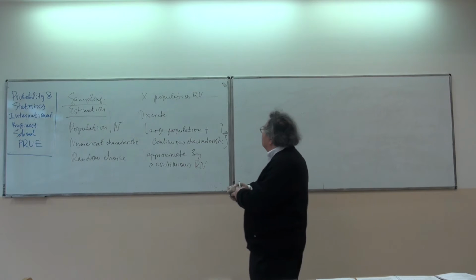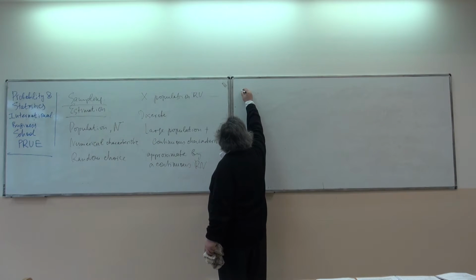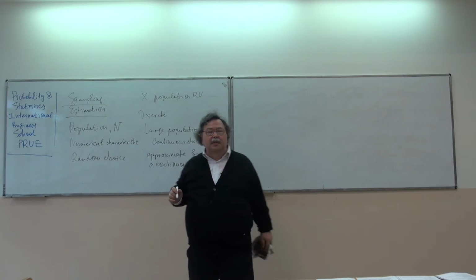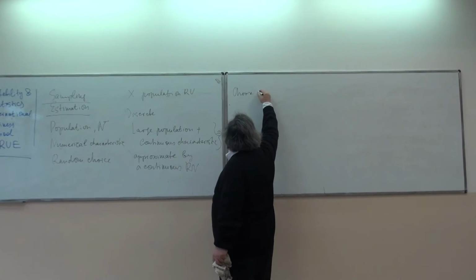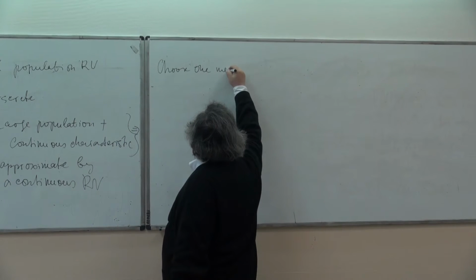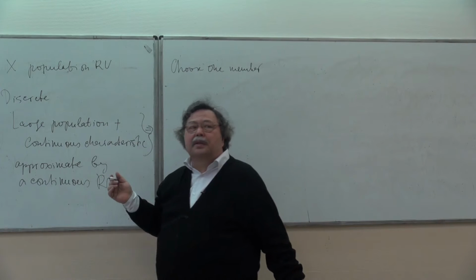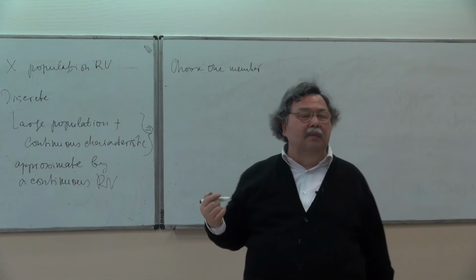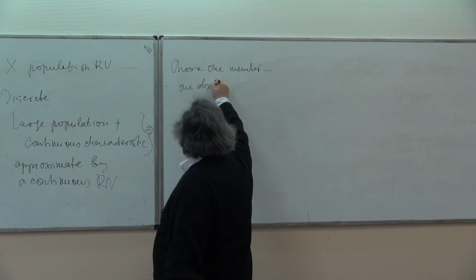All right, next. Suppose we make a random choice. Choose one member. Another way to say this is that we perform just one observation of the random variable. So, one observation.